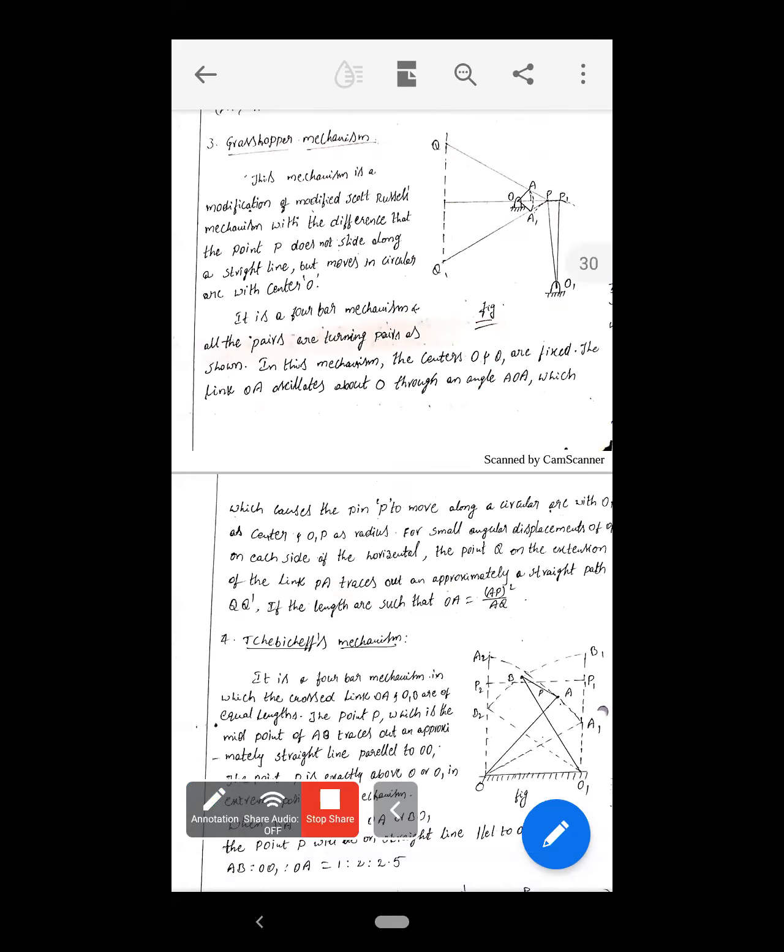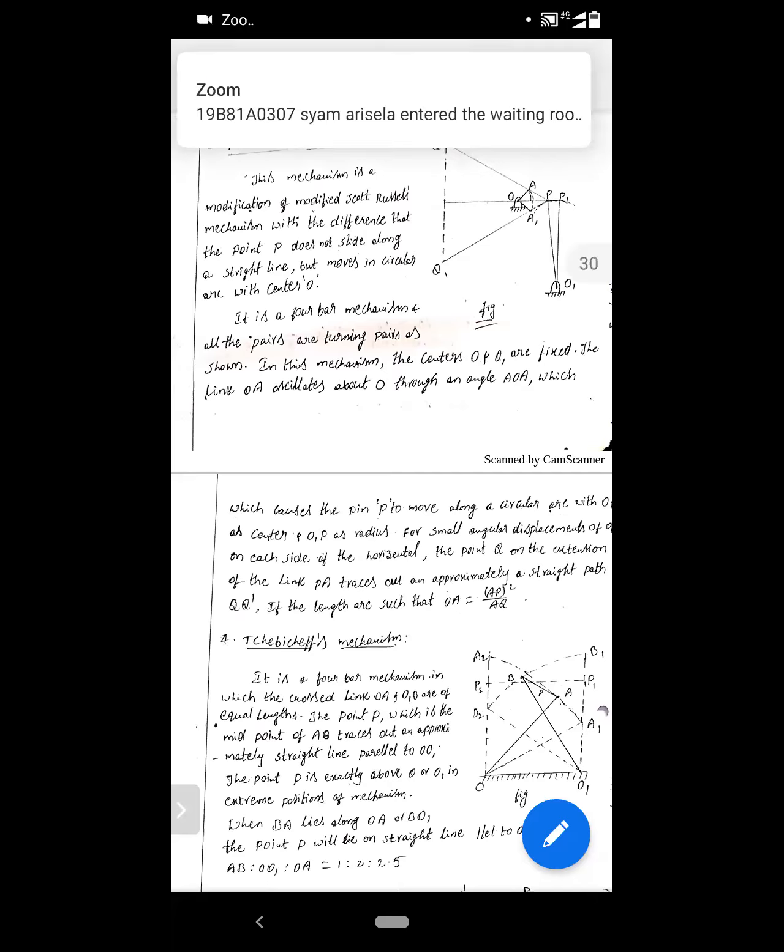What are the links here? Crank OA is there, and the crank is connected with the connecting rod, which is connected with one bar, our PQ bar. The P point is also connected to the link of O1.